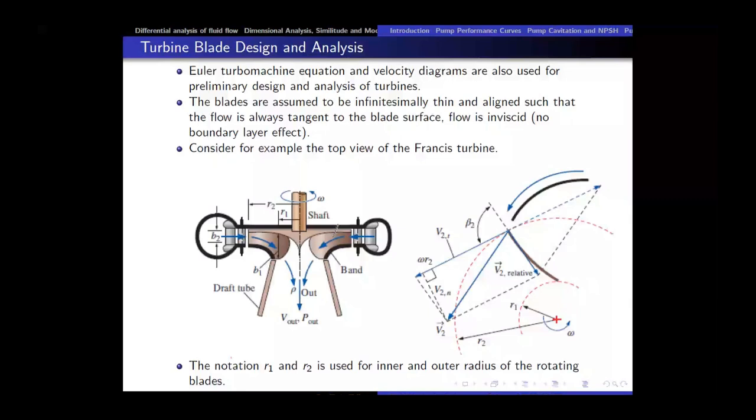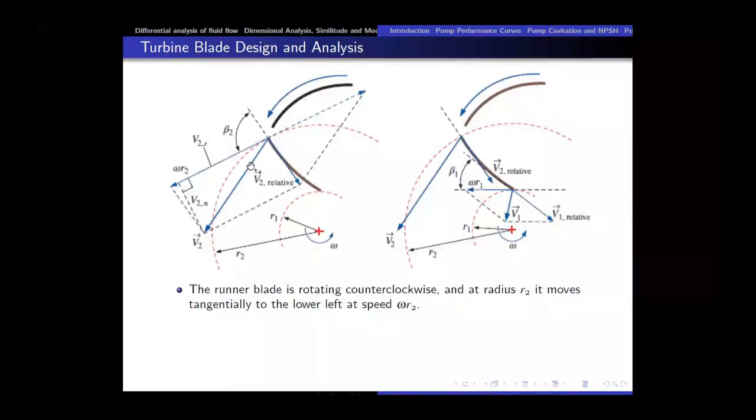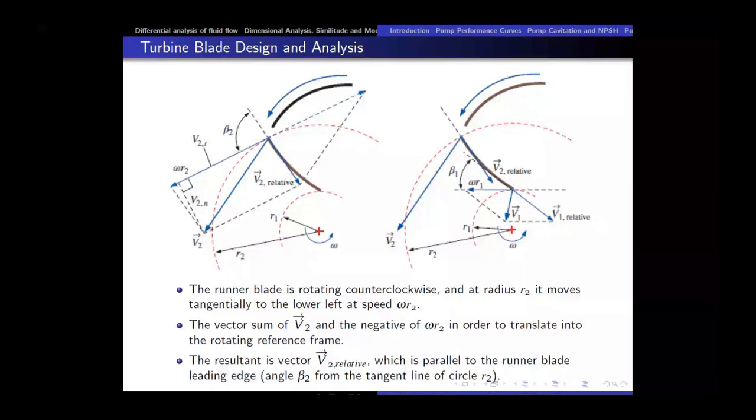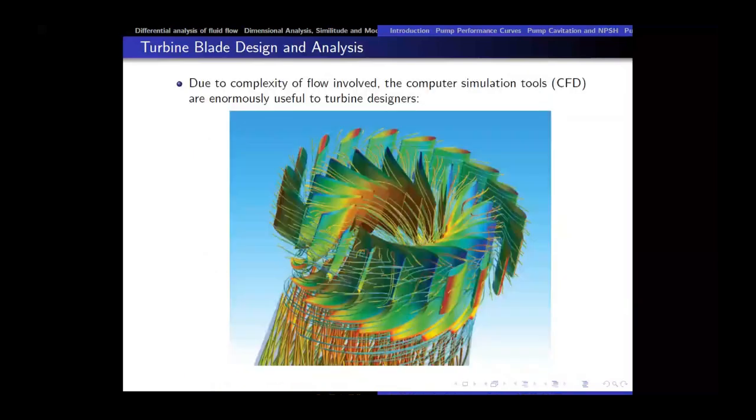All these velocity triangles, for instance, require some velocity information which is not available before we put the turbines into operation. So either we conduct experiments, or the second thing we can do is CFD analysis, computational fluid dynamics analysis, like the project I gave you as a term project.